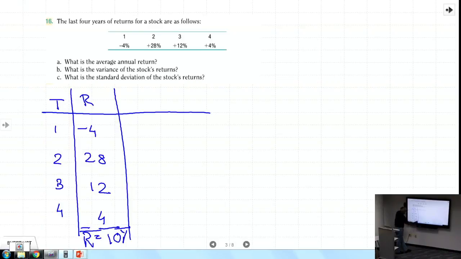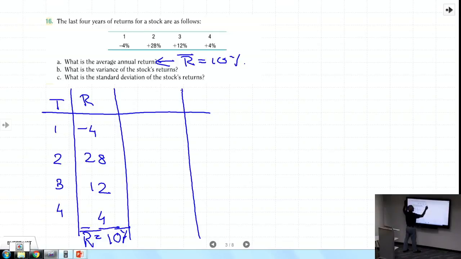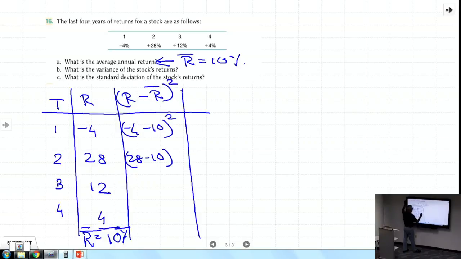So average return is going to be 10%. Once I have average, what's the average annual return? R bar is 10%. Then I'm going to take each observation minus its mean, and I'm going to square that. So -4 minus 10 squared, 28 minus 10 squared, 12 minus 10 squared, 4 minus 10 squared.